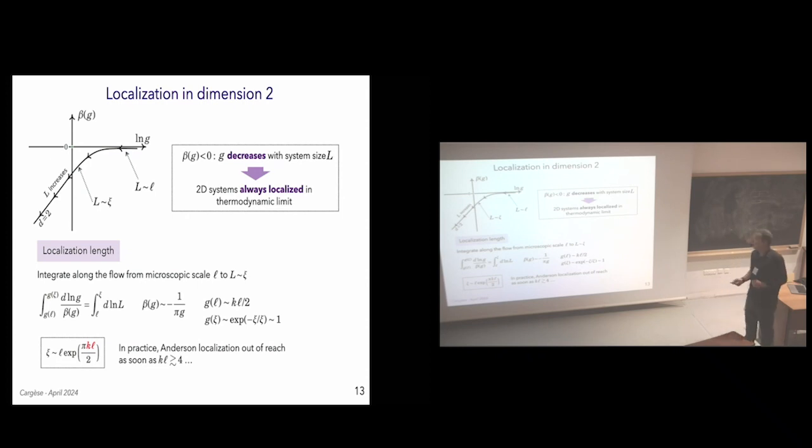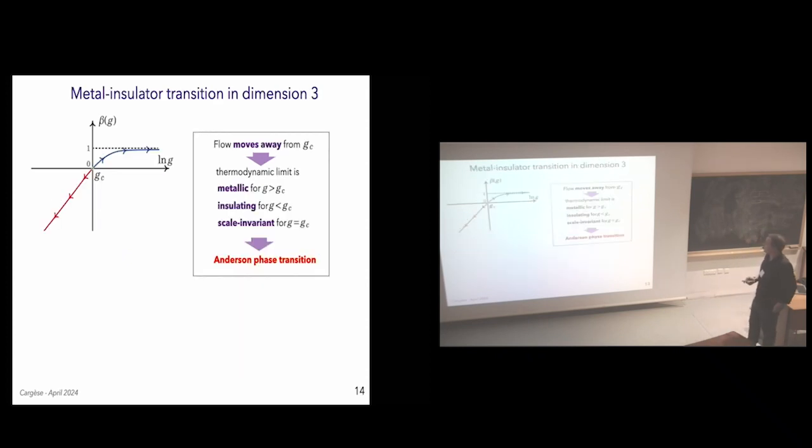All right, so now, of course, the most interesting configuration for localization occurs in dimension 3, because in dimension 3, the beta function changes sign, so it vanishes at a certain value, g_c, of the dimensionless conductance.